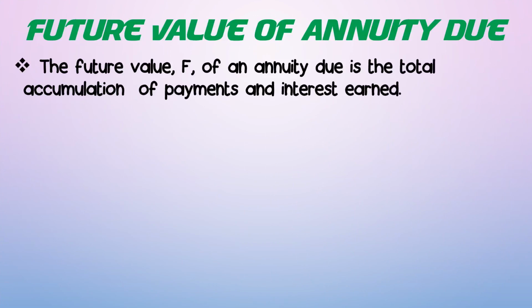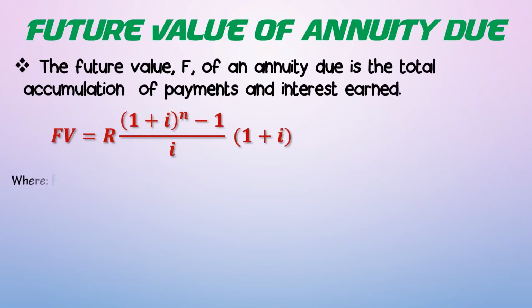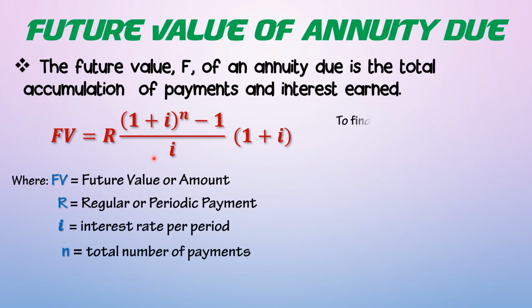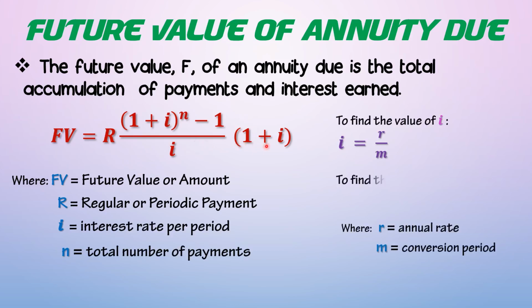So for the formula for the future value of annuity due, we will be using this one. So almost the same process, but this time you have an additional value to be multiplied, which is 1 plus i.